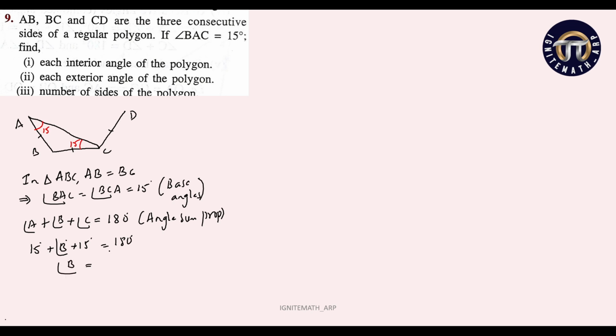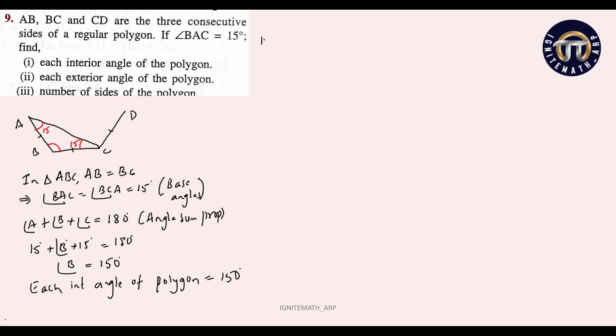So angle B is equal to 180 minus 30, 150 degree. What is angle B, children? Angle B is nothing but the interior angle of a polygon. So I can say that each interior angle of the polygon, this is nothing but a regular polygon, is equal to 150 degree.